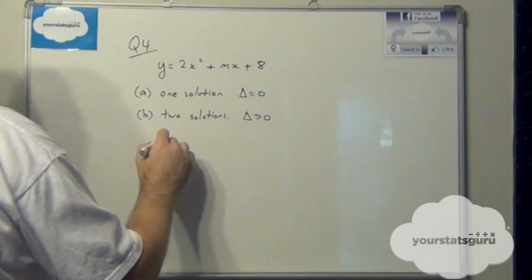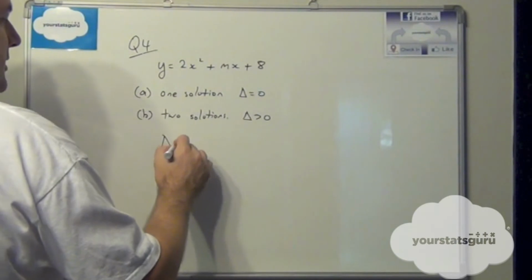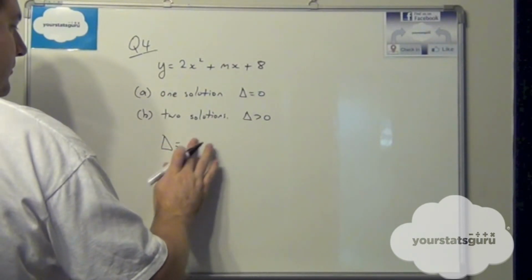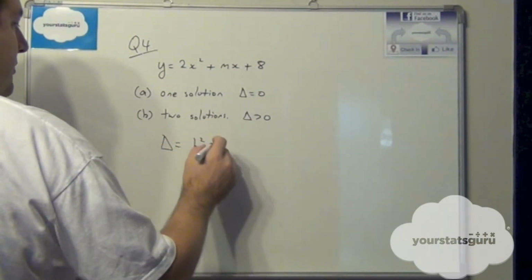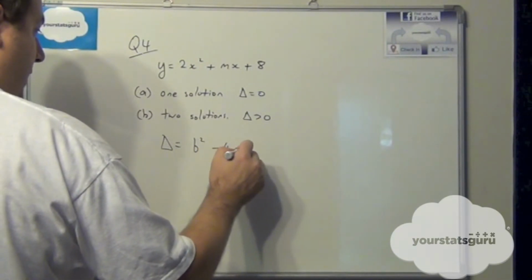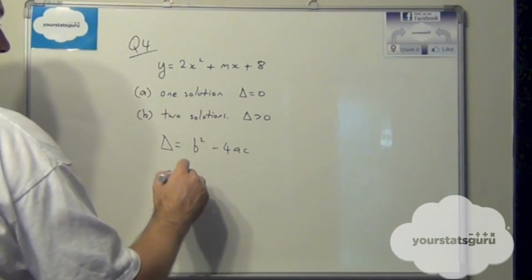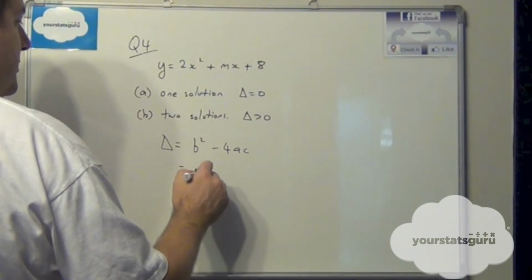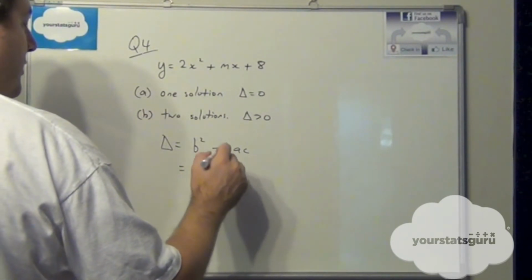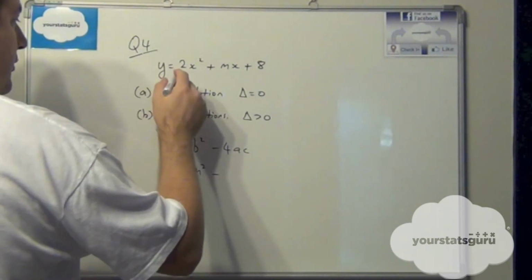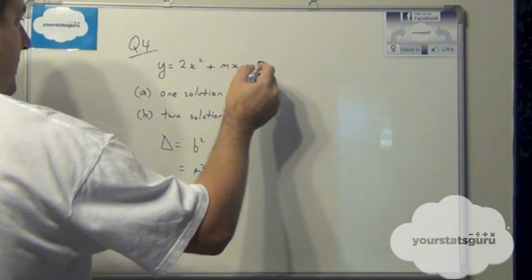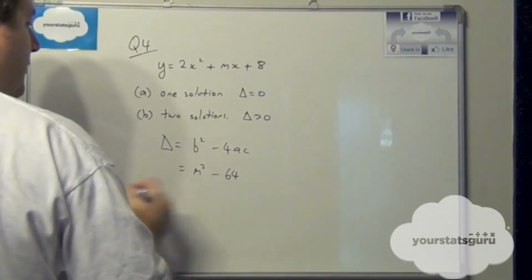So what is the discriminant? Well, it's b squared minus 4ac. So in our case, that is m squared minus 4 times 2, which is 8, times 8, which is 64.